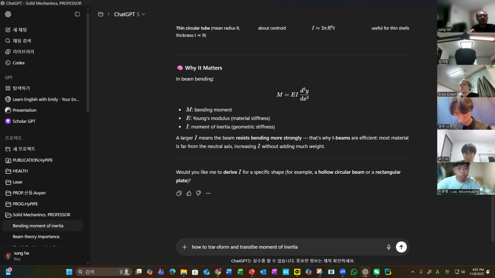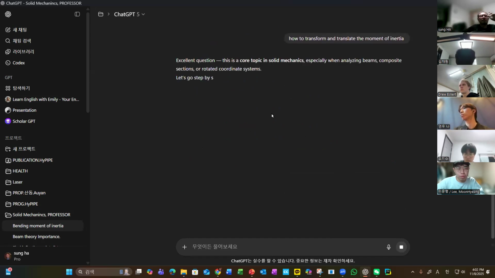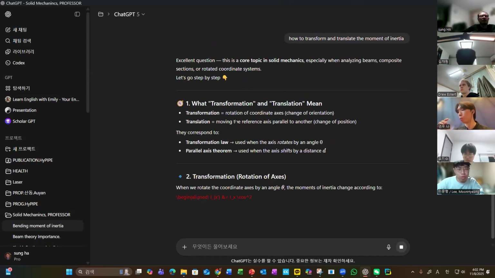We have a transformation, meaning rotation and translation. This is just the coordinate transformation.